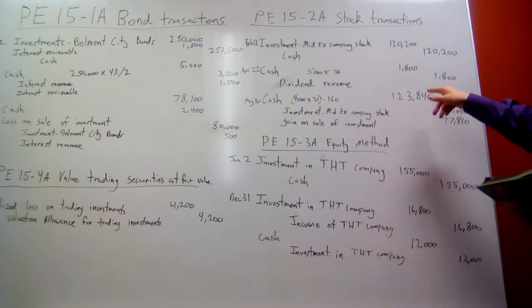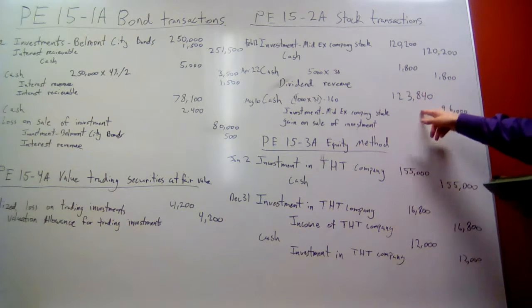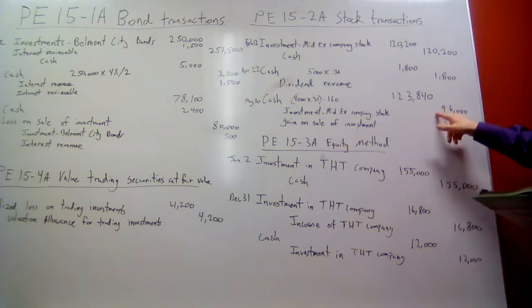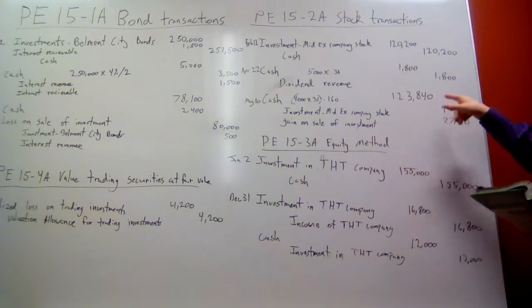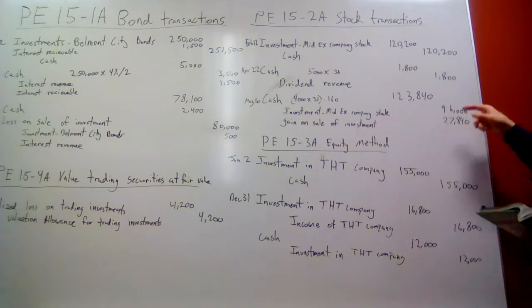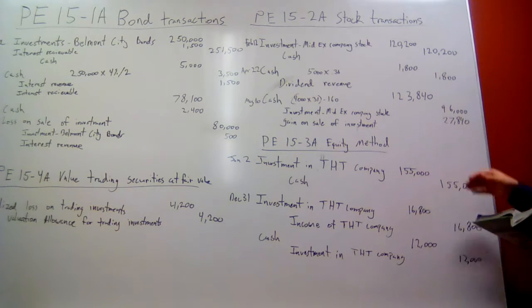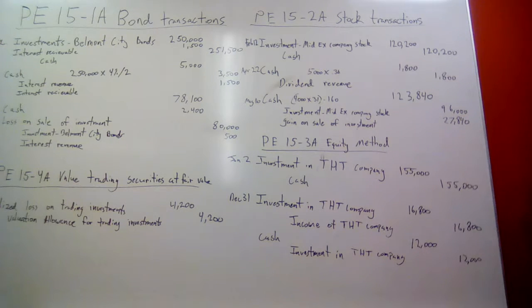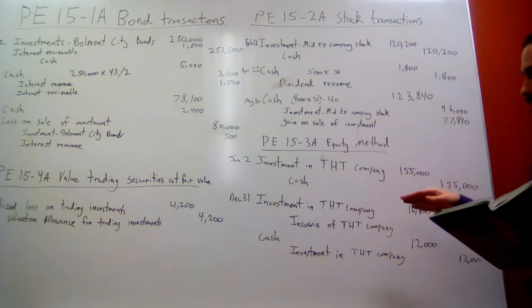So it gives 123,840. We credit investment, Midex Company stock. We got that number by times-ing 4,000 times 24, the original cost, which gives us 96,000. And the difference is a gain on sale of investment. So we got a gain on that one. Good trade.